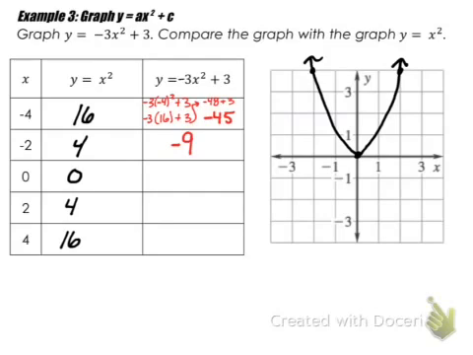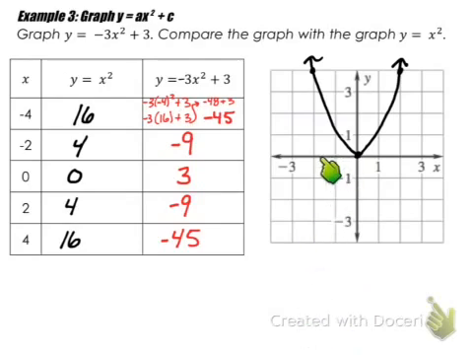Then I'm going to do the same thing with 0, and I get 3. When x is 2, y is negative 9. When x is 4, I get negative 45. I can't graph negative 45 when x is negative 4, there's no way I can do that. Negative 9 is not even on this coordinate plane either, but I'm going to imagine that I can, so I'm going to put the point way down here somewhere.